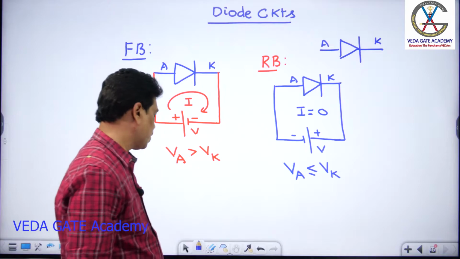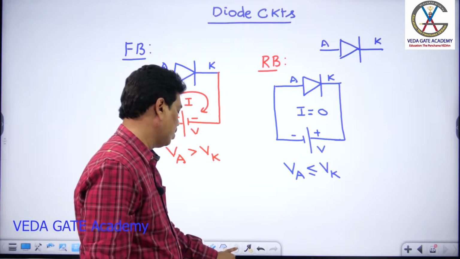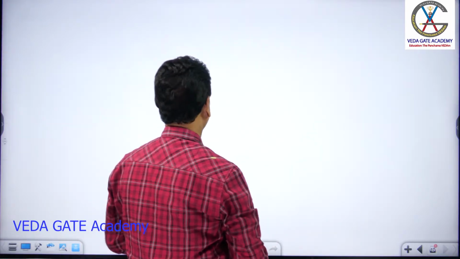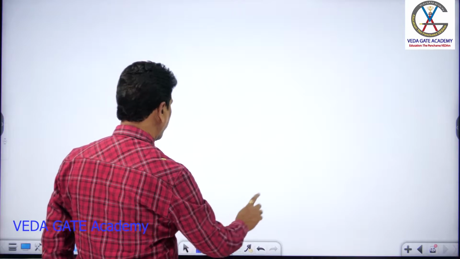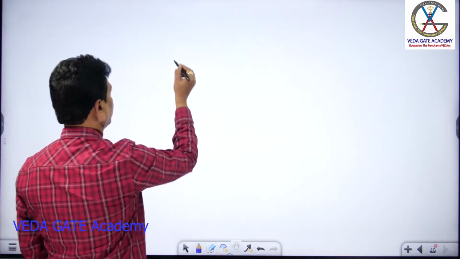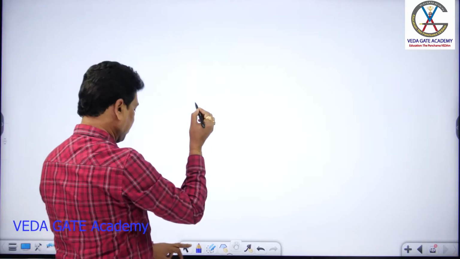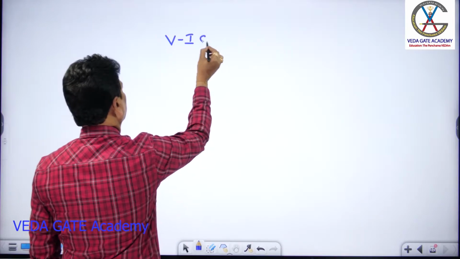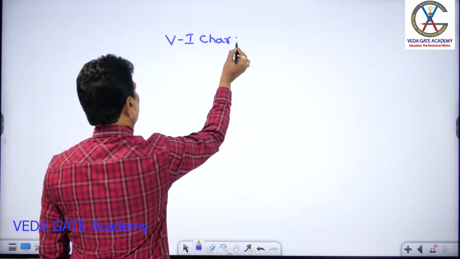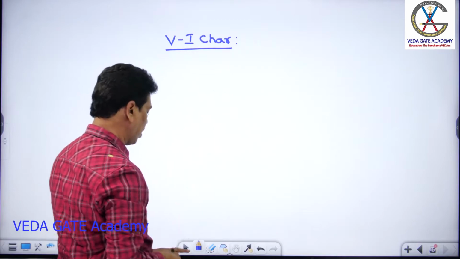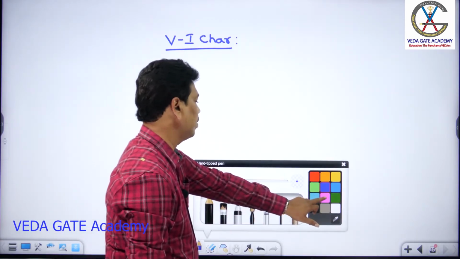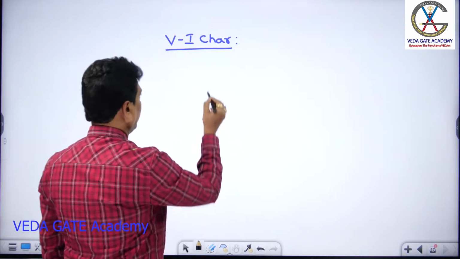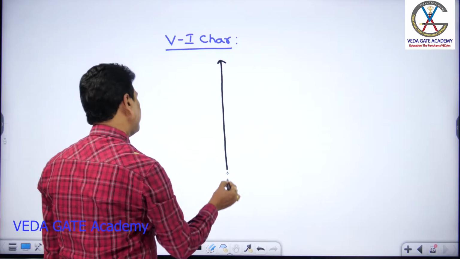If you sketch the VI characteristics of this PN diode, it comes like this. This is the practical VI characteristic of a diode.